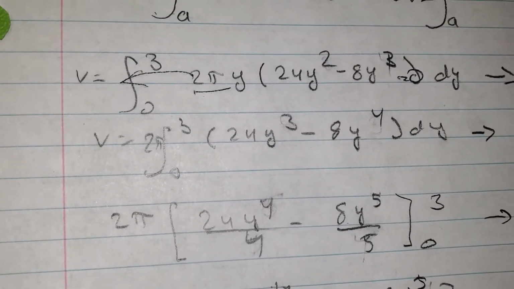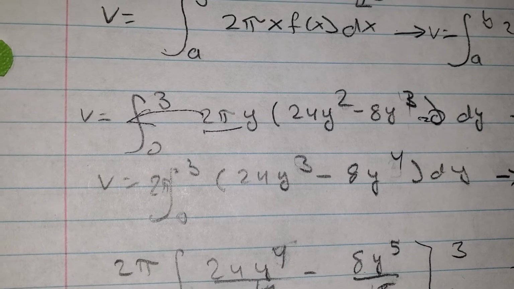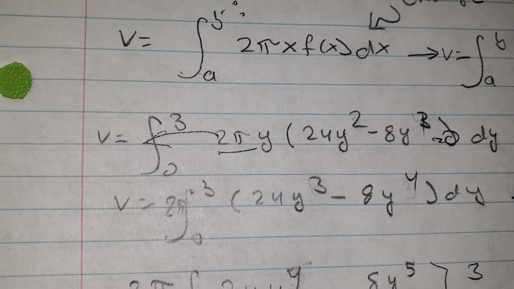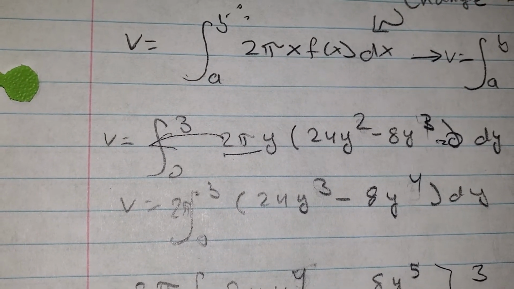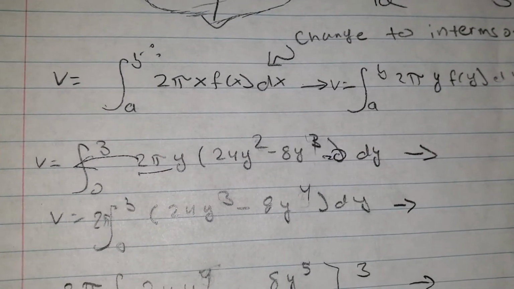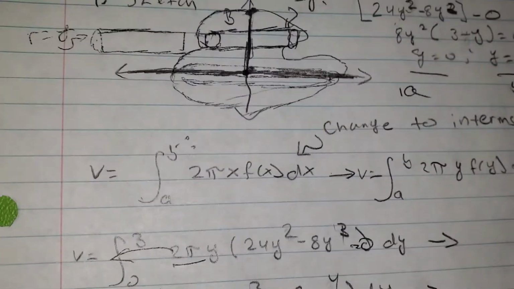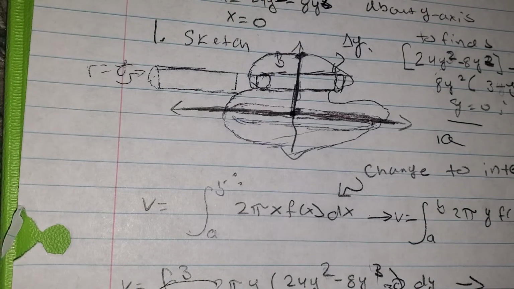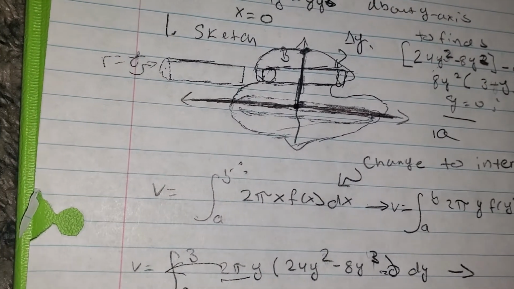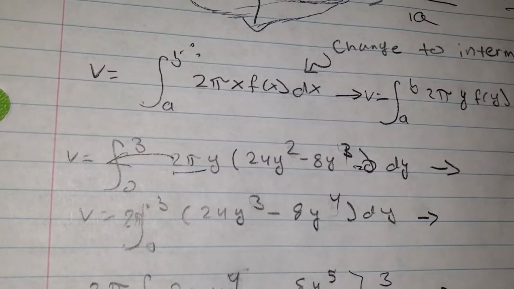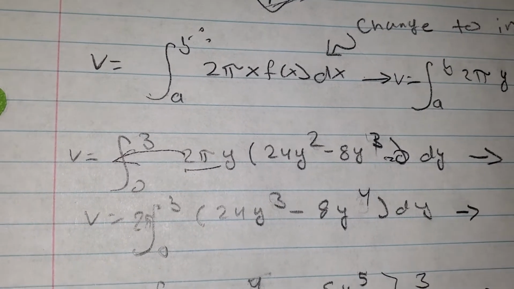We have V is equal to 2 pi times the integral from 0 to 3 of 24y squared minus 8y cubed, times y. We distribute the y and clean it up, and we get 24y cubed minus 8y to the 4th dy.